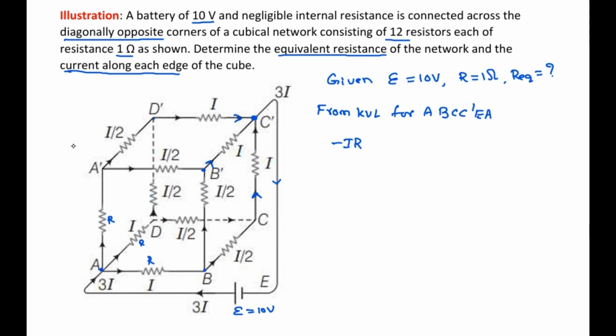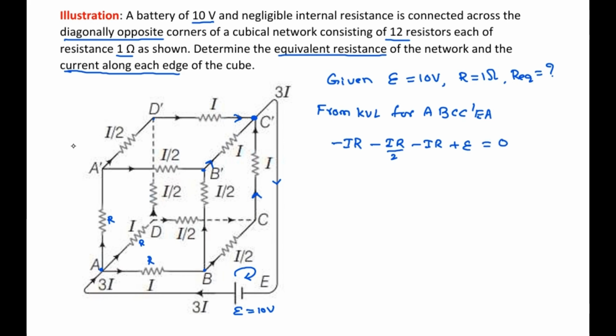From B to C, I by 2 is there, so minus I by 2 into R, or IR by 2. From C to C dash, again minus IR. And we are moving from the negative to the positive terminal of the cell, so it will be positive E, equal to 0.